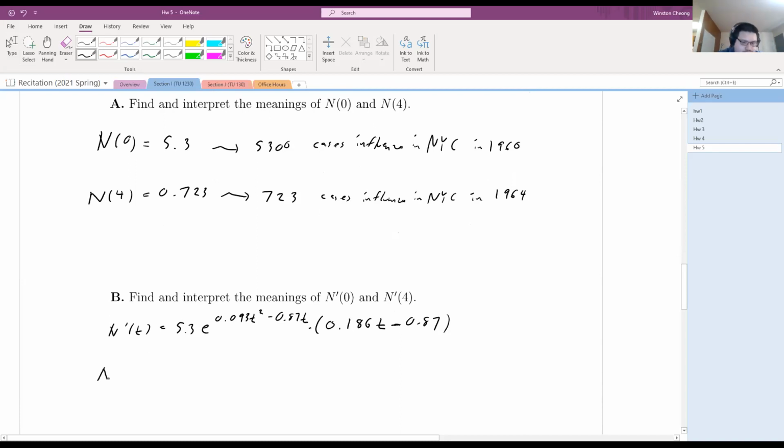n prime of 0 is going to give you negative 4.611. Maybe I'll also write down what n prime of 4 gives you: negative 0.0911.